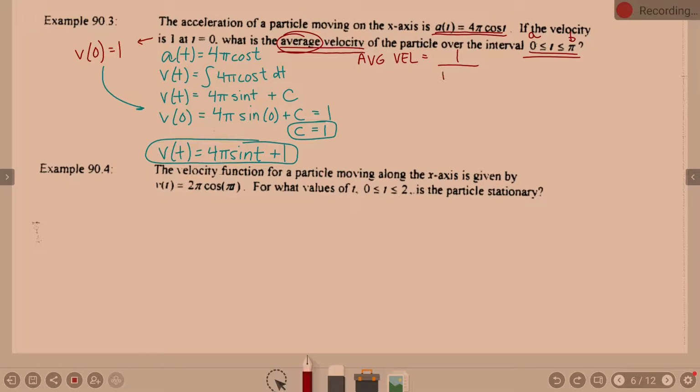So 1 over b minus a is going to be 1 over pi minus 0 times the integral from a to b, so 0 to pi, of our velocity function. And our velocity function is 4 pi sine t plus 1 dt.